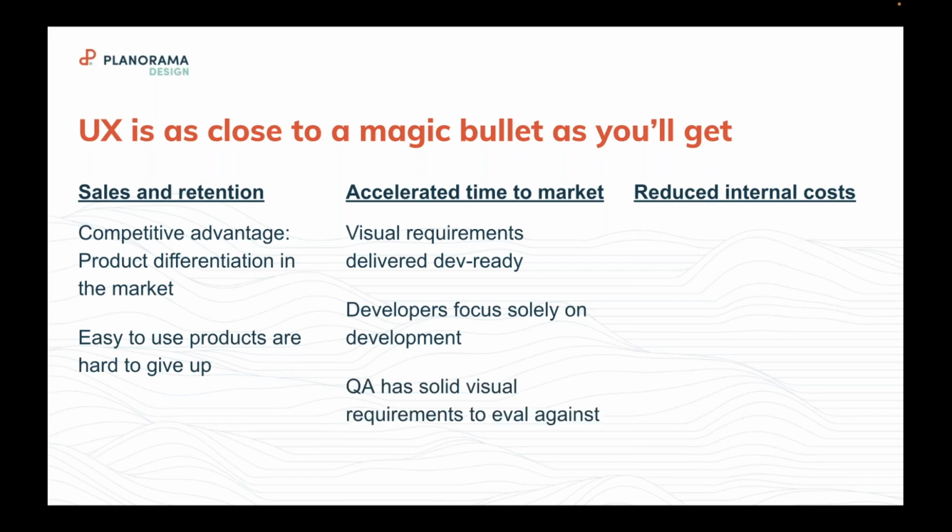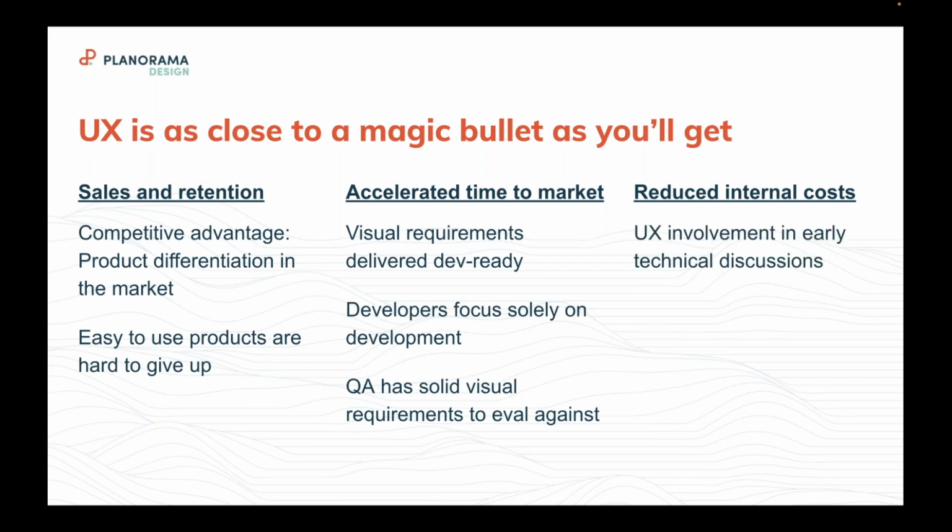And in fact, QA is the same issue. If you have solid requirements, including the visual requirements, the user experience designs, the UI designs, that means QA has something solid to work against. They know how the interface is supposed to work, and they can check against it. Most bugs can be caught early. And again, all 3 of these items are going to affect your time to market.